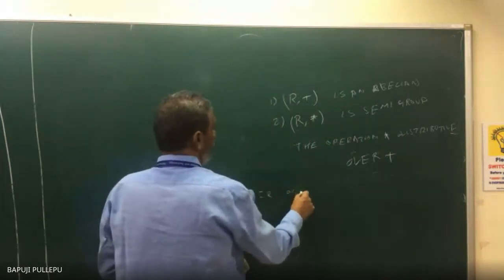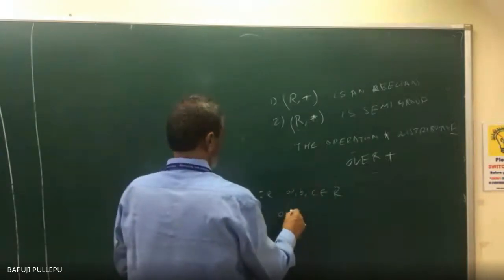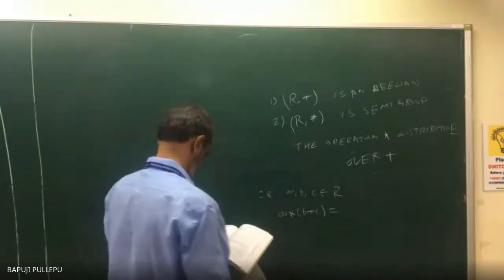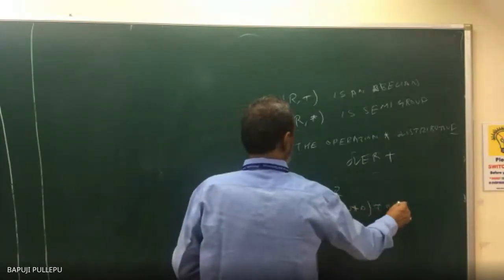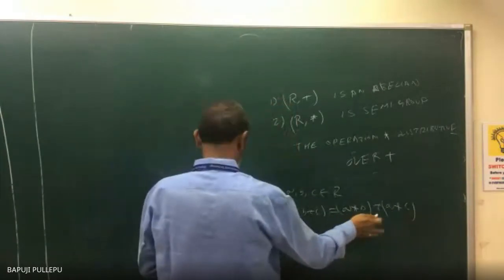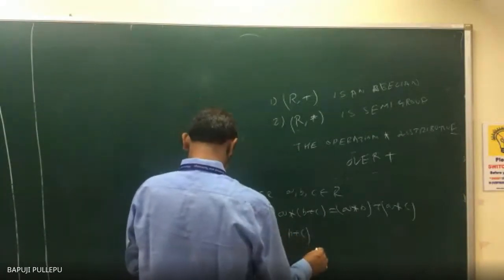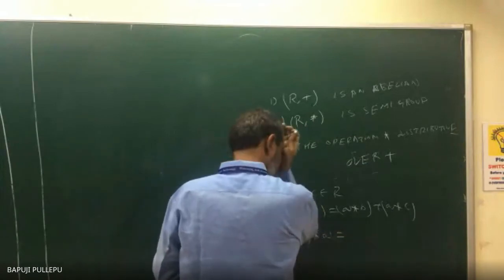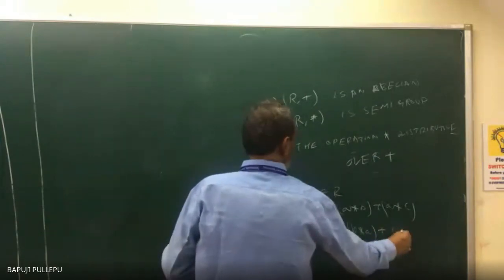That is, for A, B, C belonging to R, A star (B plus C) is equal to A star B plus A star C. Then (B plus C) star A is equal to B star A plus C star A.